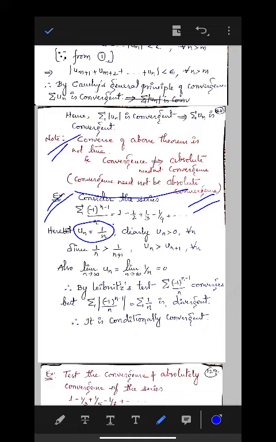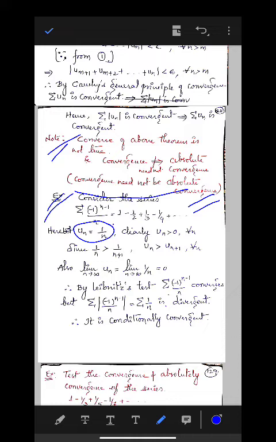Summation of minus 1 whole raised to n minus 1 into un is convergent. When it is convergent, there are two conditions. Un is greater than or equal to un plus 1, and the second one is limit as n tends to infinity, un is equal to 0 we should get. So if these two conditions are satisfied, I can say that summation un is convergent according to Leibniz theorem.